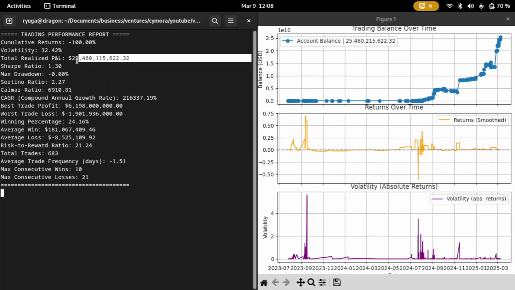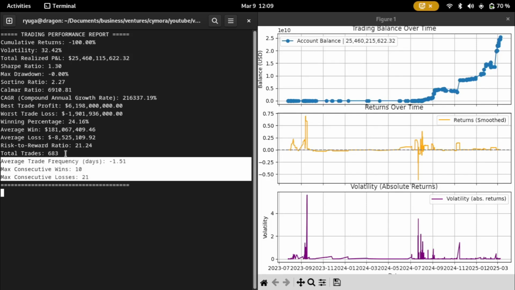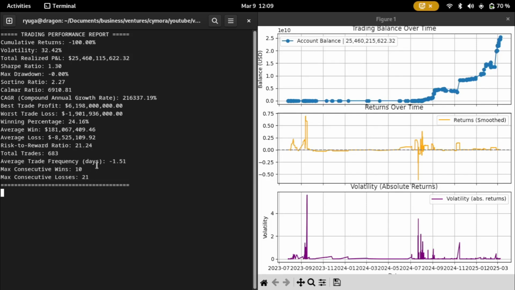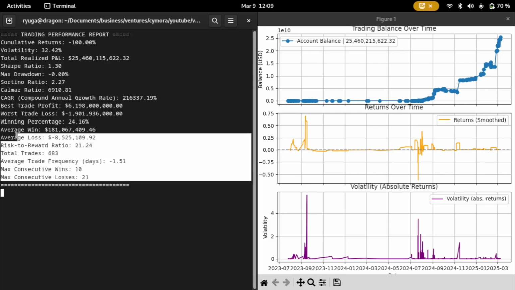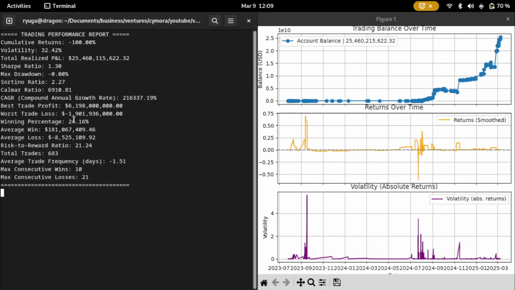Total realized profit and loss is $25,460,155,622.32 over a year and a half span, over 683 trades. The max consecutive wins I've had is 10, and the max consecutive losses I've had is 21. The winning percentage is 24%. The biggest profit I've had is $6.1 billion, and the biggest loss is $1.9 billion.